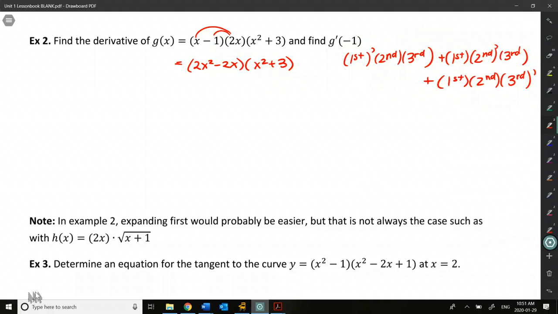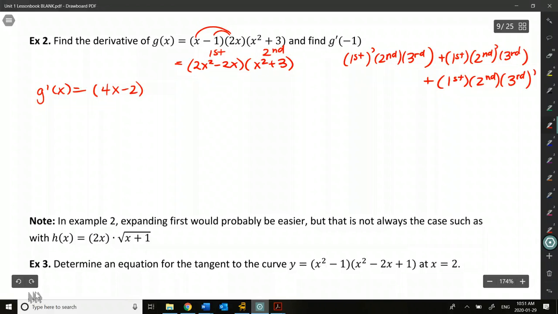Okay, so let's do g prime at x. I'm going to work off of this. And we're going to do derivative of the first. So this will be our first, and this will be our second. Derivative of the first is 4x minus 2 times the second, plus the first times derivative of the second.